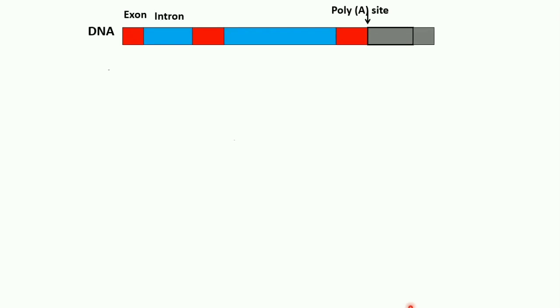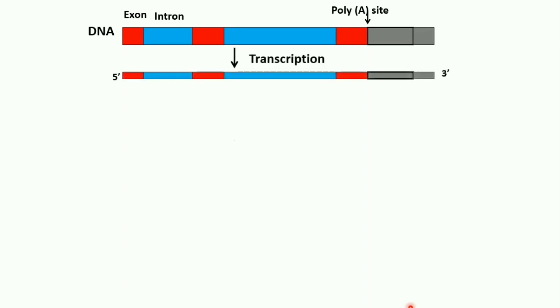The next is RNA processing. When the gene is transcribed into the primary transcript, it undergoes several changes in its structure to form the mature mRNA. This is known as post-transcriptional modification.